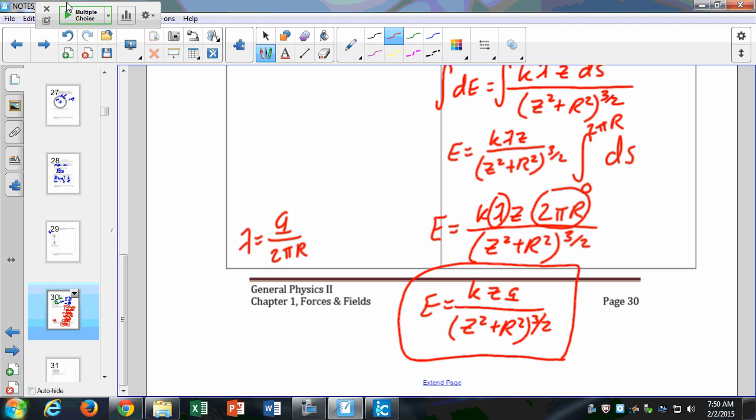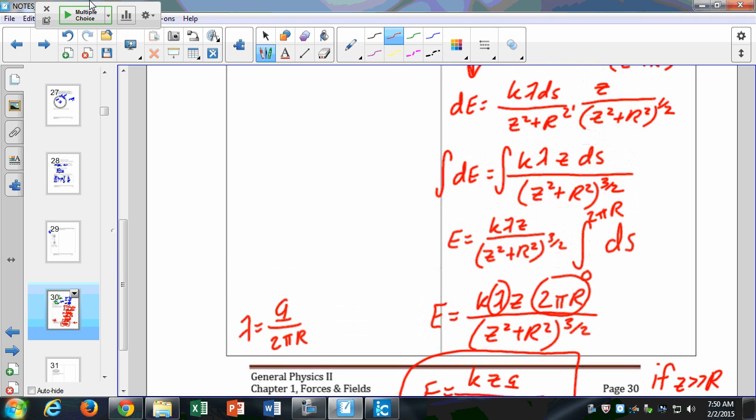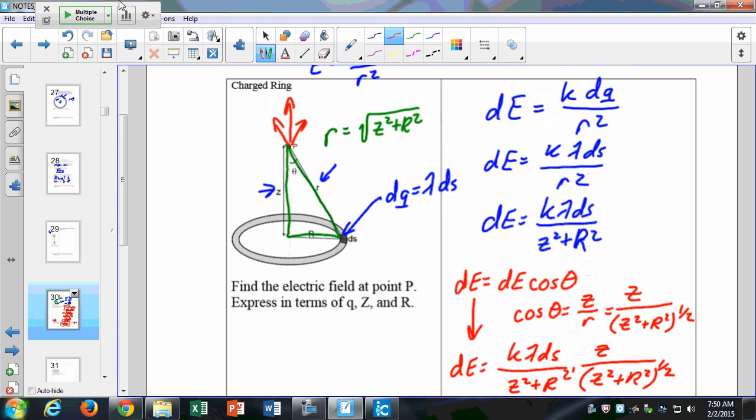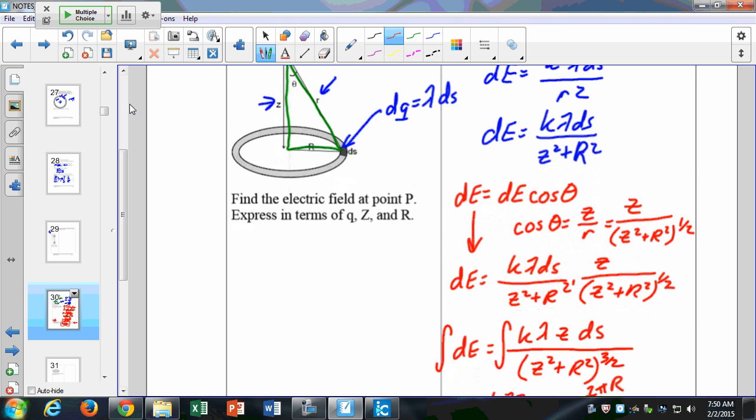We can also make some approximations. So let's say that if z is much, much bigger than r, that is, if I'm really far away from this ring, if I sit at a point very high above this ring, what does that ring of charge look like to us?